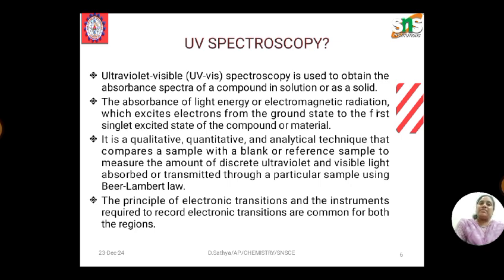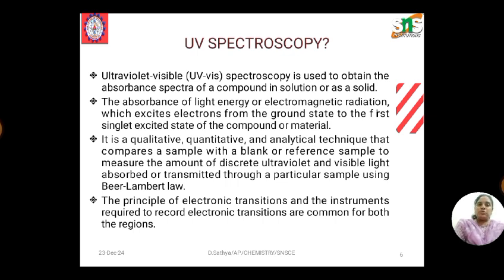So what is ultraviolet spectroscopy? Ultraviolet spectroscopy is used to obtain absorption spectra of a compound in solution or as a solid. The absorption of light energy or electromagnetic radiation excites the electron from the ground state to the first singlet excited state of the compound.